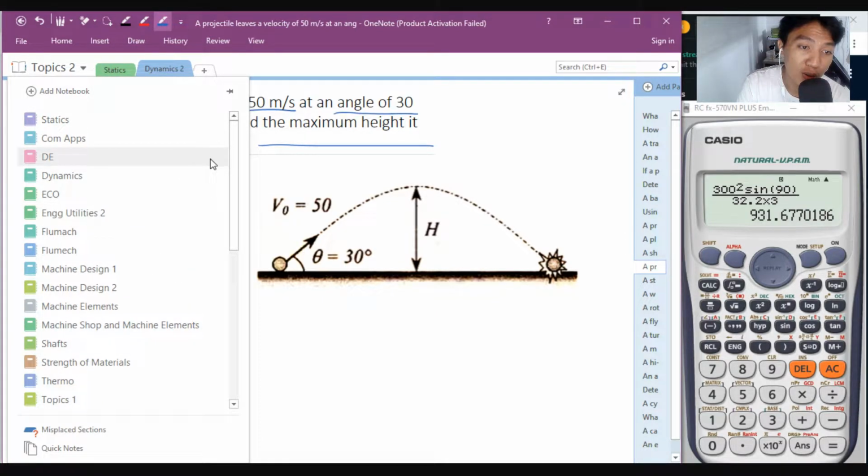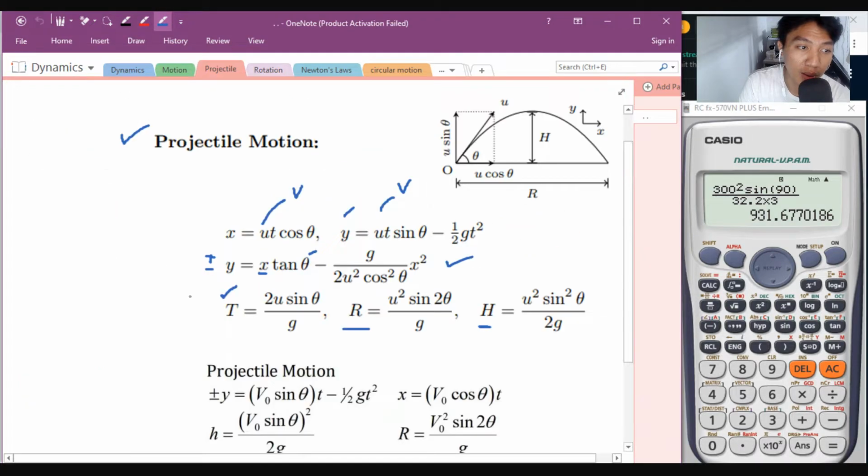But if you want to solve it using the longer method, you may do so. But I prefer using this one.